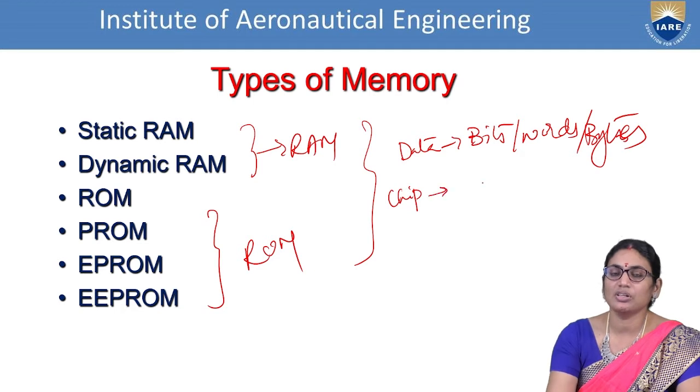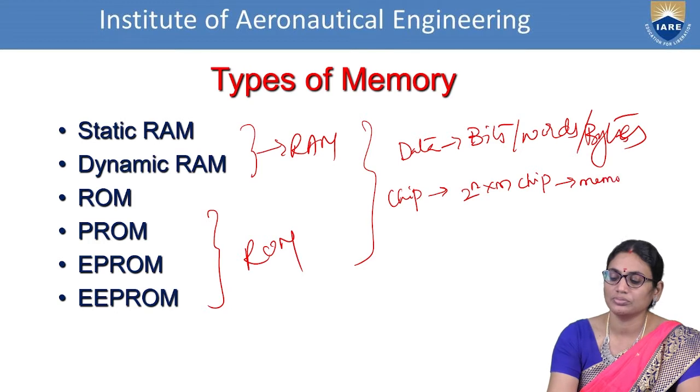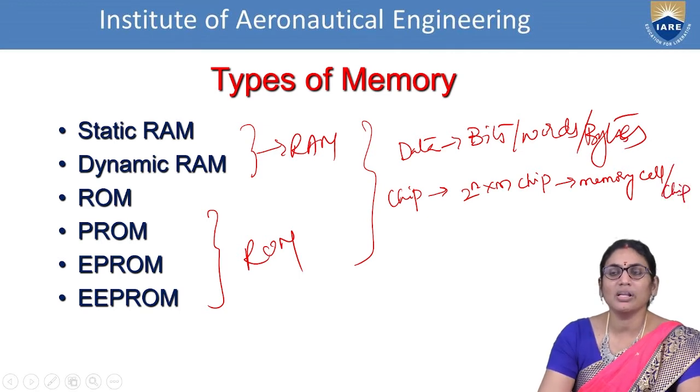This memory chip is generally organized or represented in the form of a 2 power n into m chip. This can also be called a memory cell or memory chip.